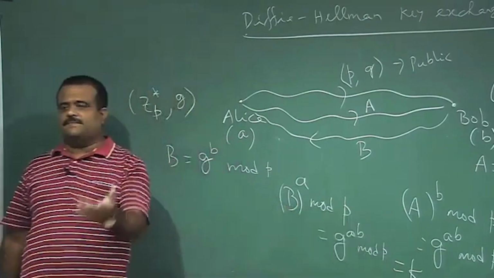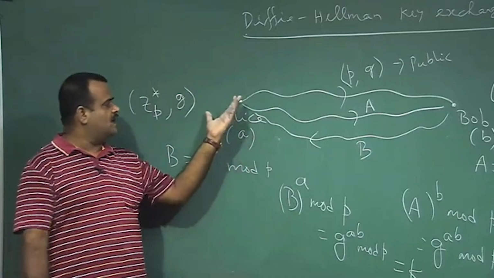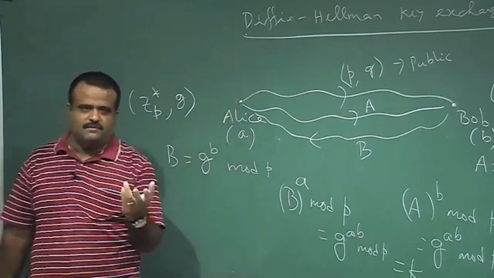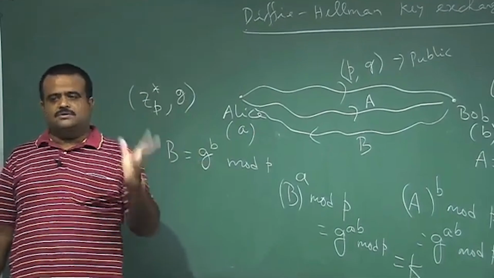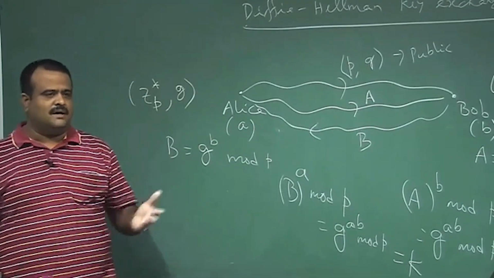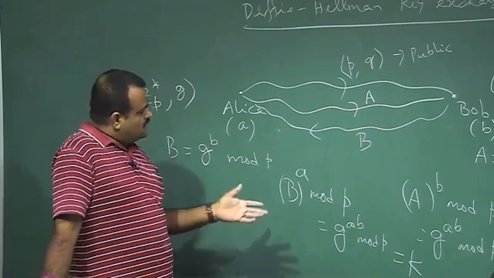Now, if K is 64 bit, Alice can use DES to encrypt and send it to Bob. Bob has the same 64-bit key, so Bob will decrypt that message and get the plain text. So this is the way.